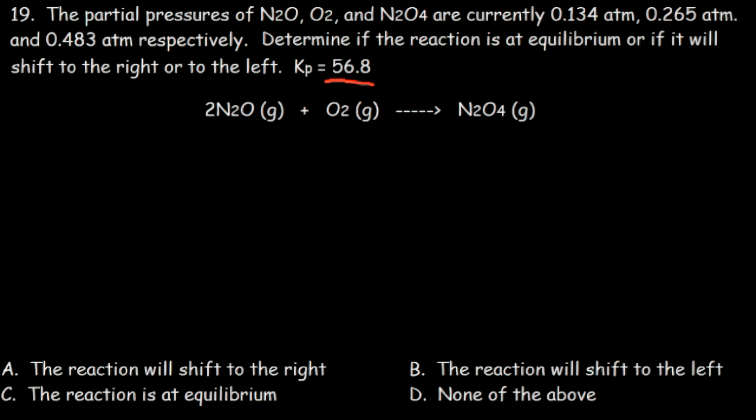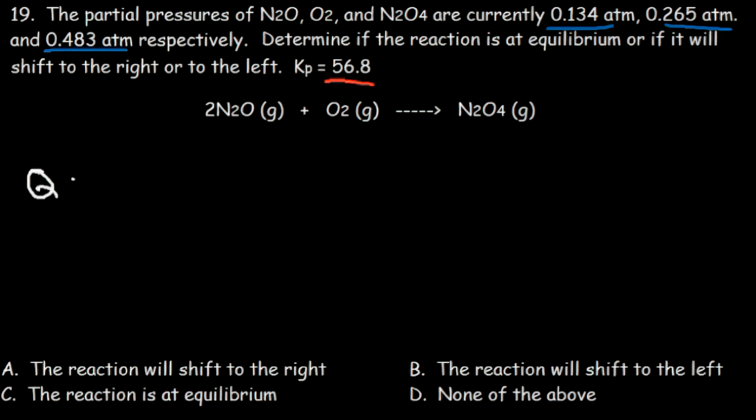For Q, you have to use the initial concentration or partial pressure values. The partial pressure values that were given to us are not at equilibrium because it didn't state that it was at equilibrium. It says it's currently at 0.134, 0.265, and 0.483. So we're going to assume that those are initial values, unless it's stated it's at equilibrium.